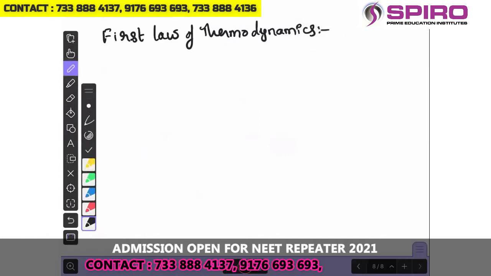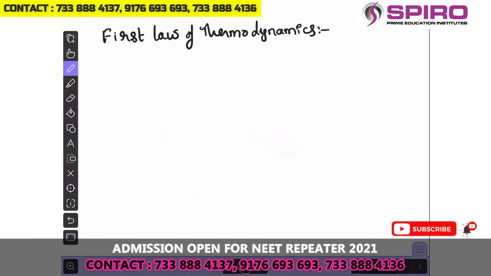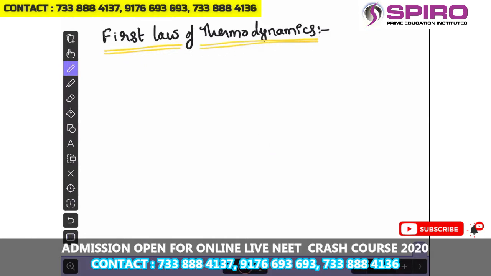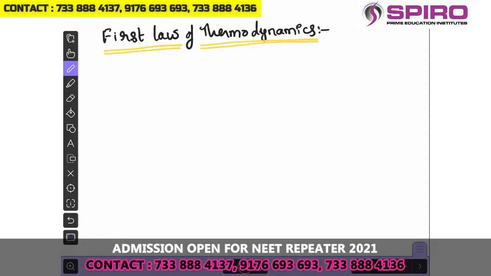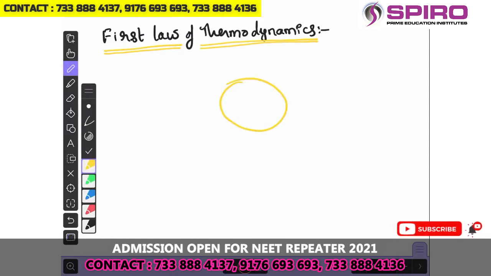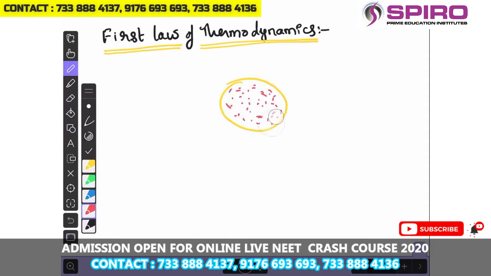If you consider any system, and in this system there are gas molecules, other than this system, all the rest of the part is called the surrounding.